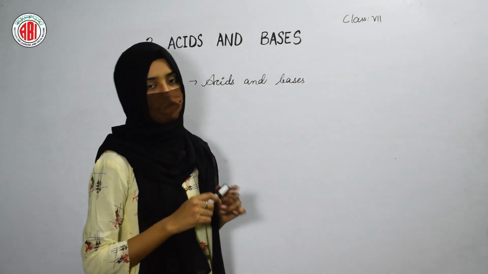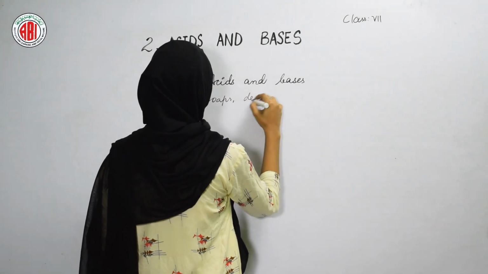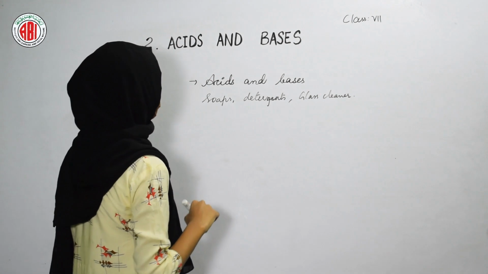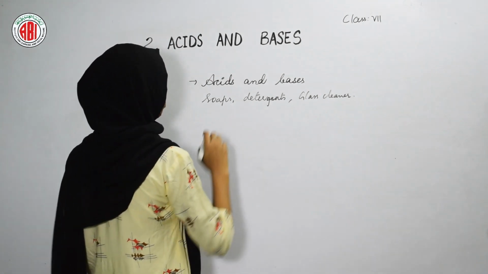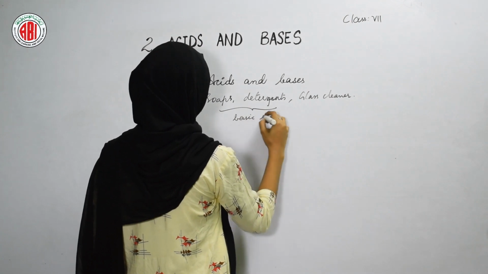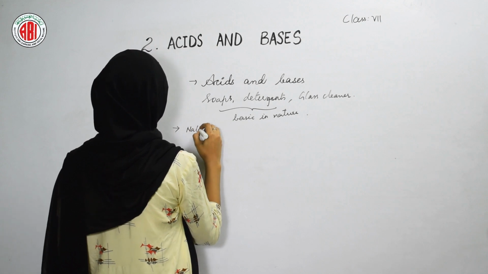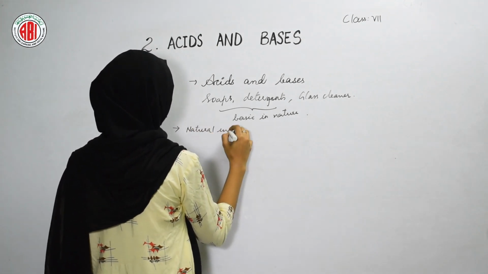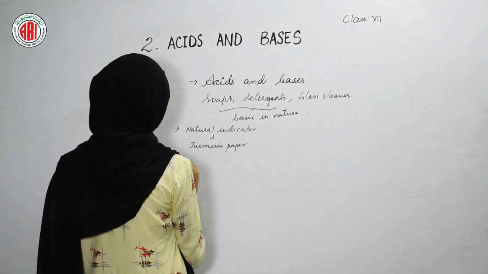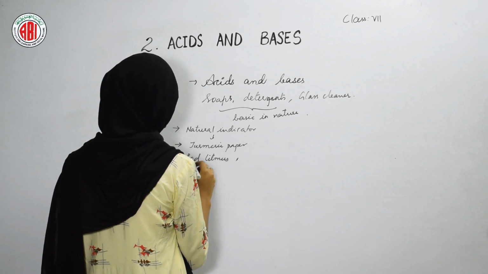Let us talk about bases now. Products like soaps, detergents, glass cleaner and other substances are basic in nature. To understand how they show the basic nature, let us use some natural indicators: turmeric paste or turmeric paper, red litmus paper and blue litmus paper.